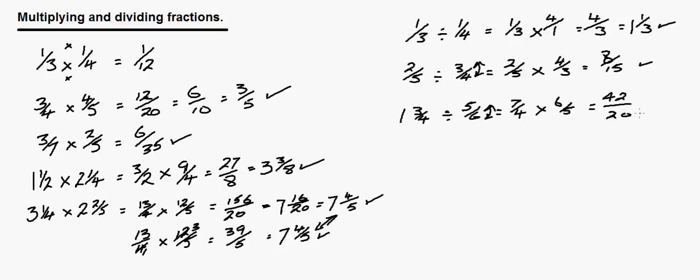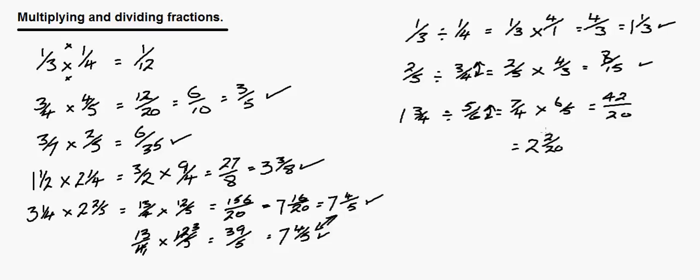So again, this is right, but it's top heavy, so I want to know how many whole ones we've got. So 20 into 42, well, I know 20 into 40 goes twice, remainder 2. So I'm going to have 2 of these 20s left over.